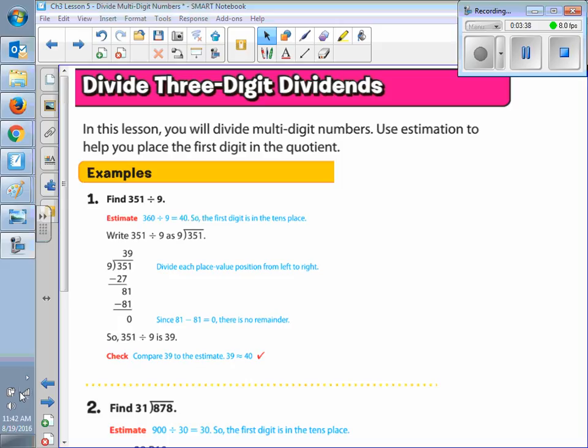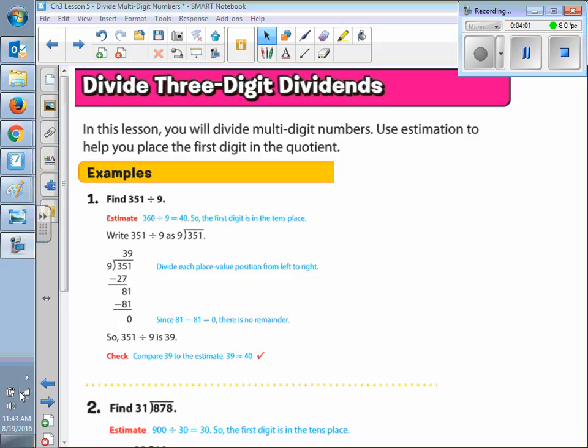Well, you know what times 9 is 36? 4, right? So we're going to estimate around 4, right? So when you do this, that's how you get into the ballpark, right? When you do the problem, you're going to find out that 4 is too much. Then you're going to have to do it again, right?